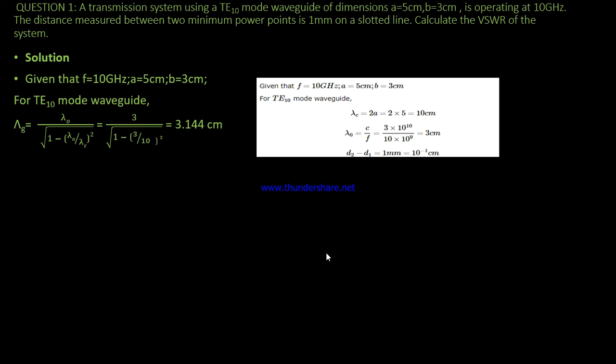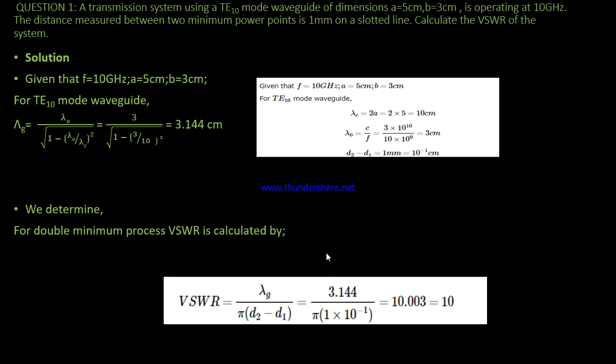The guided wavelength is given to be lambda naught, which is the wavelength in free space, all over the square root of 1 minus the square of the fraction of lambda naught over lambda c, that is the cutoff wavelength. Now, this formula is what we can use to calculate the guided wavelength.